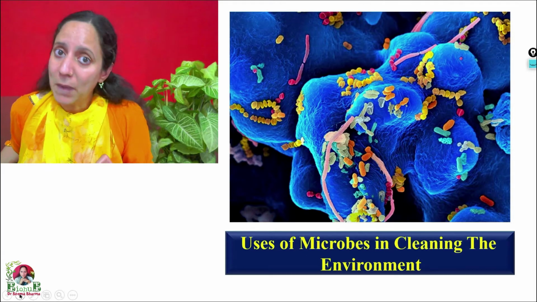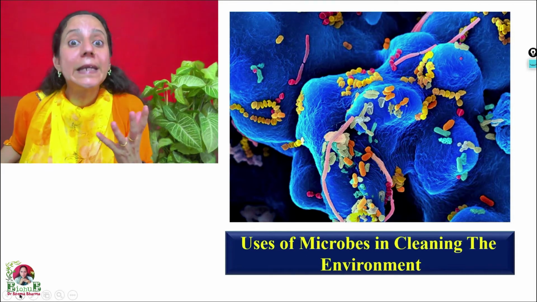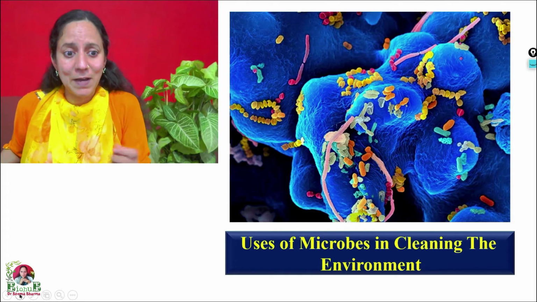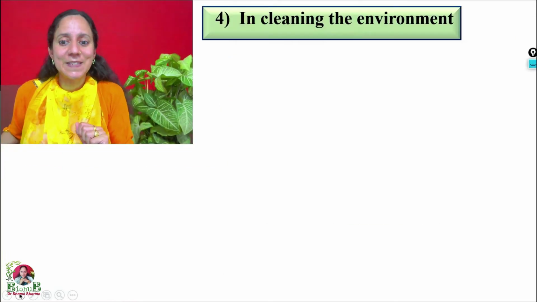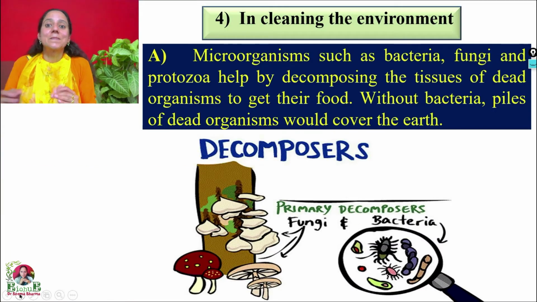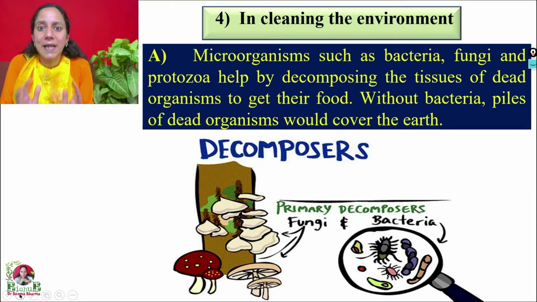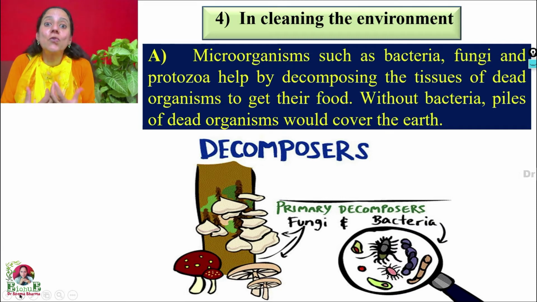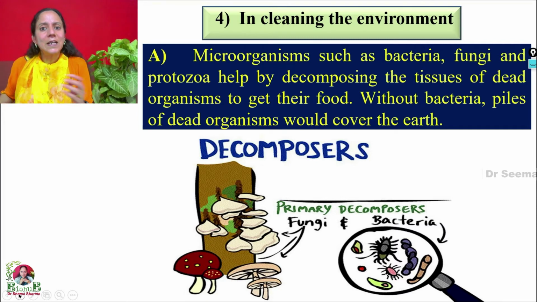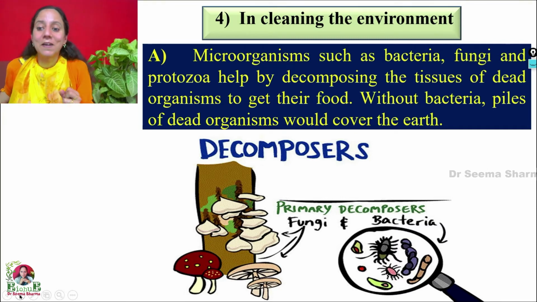Next, an equally important field is use of microscopic organisms in cleaning the environment. Cleaning means cleanliness of the environment. How? Microscopic organisms like bacteria, fungi or protozoa grow on dead and decaying organic matter because that serves as food to these organisms and they decompose it. So bacteria, fungi and protozoa are natural cleaners.